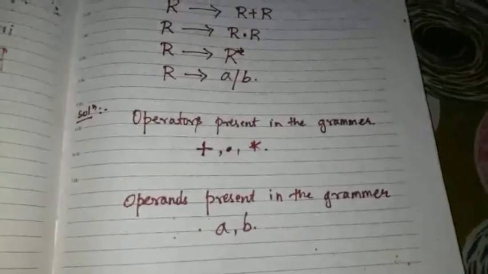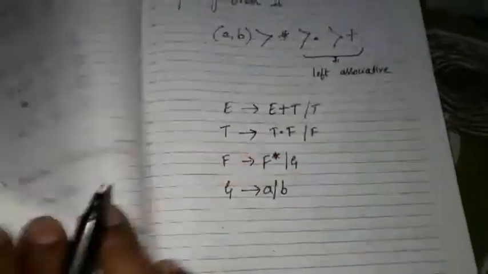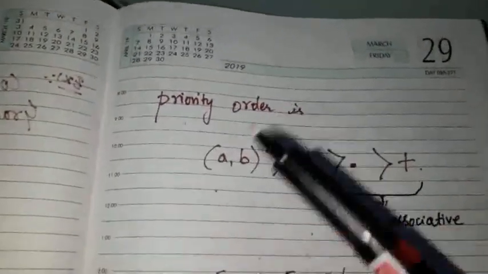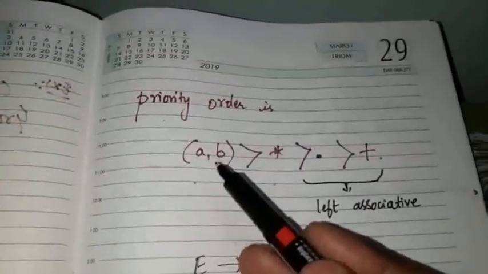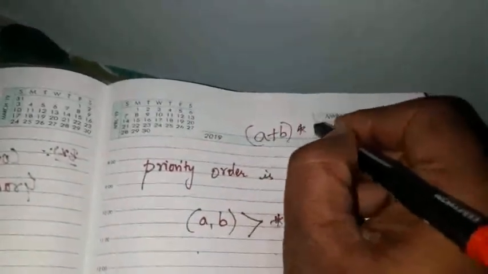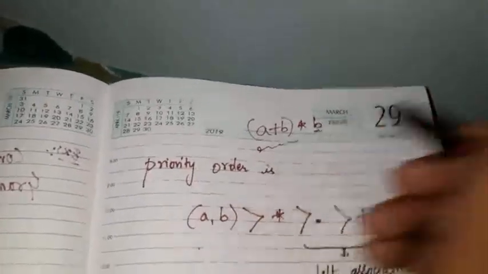So now let us apply the precedence and associativity rules on this. Now see here, when I go with the precedence order, if I am using brackets with A plus B, that will be the top precedence. For example, if I write A plus B star B, first this will be evaluated, then this will be evaluated.